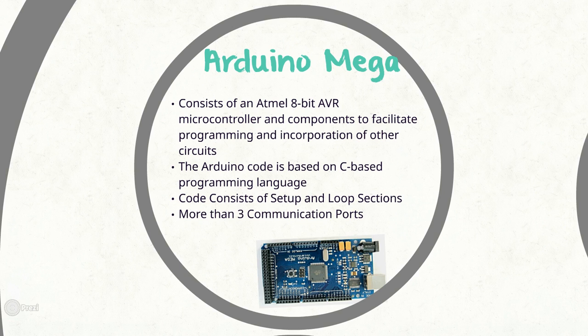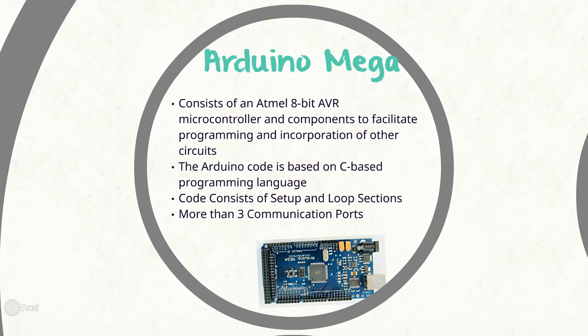Arduino Mega board consists of an Atmel 8-bit AVR microcontroller and components to facilitate programming and incorporation of other circuits. The Arduino programming is based on a C-based programming language, which makes it an ideal candidate for developing real-time projects. The program consists of two major sections: setup and loop.